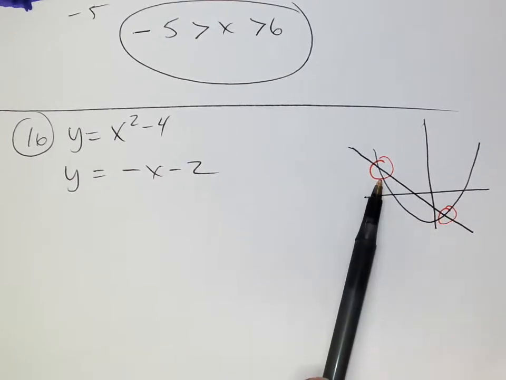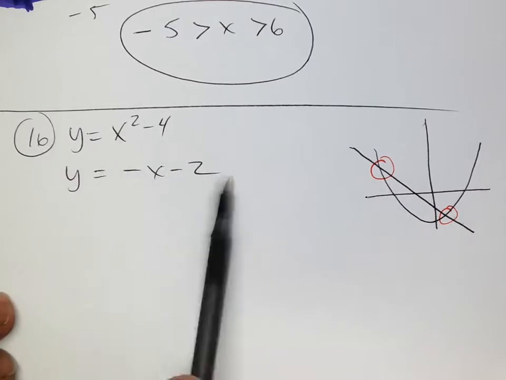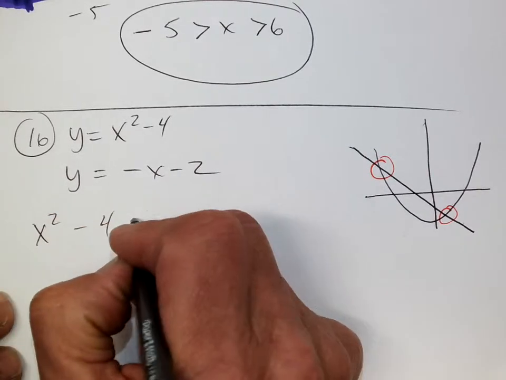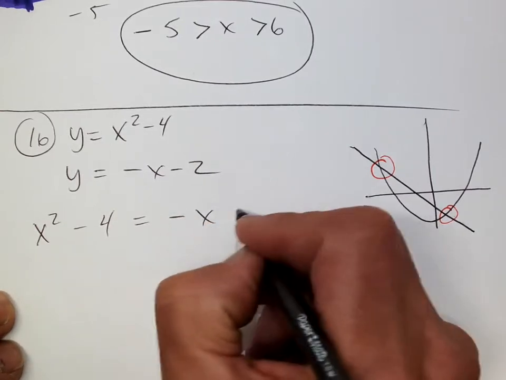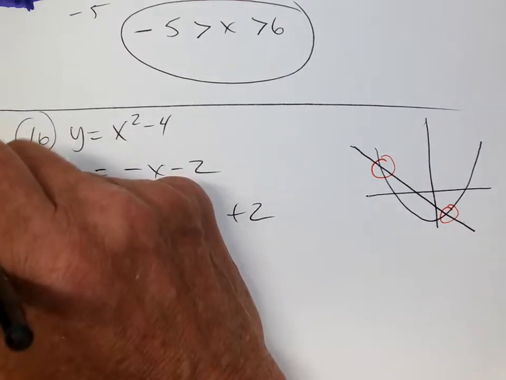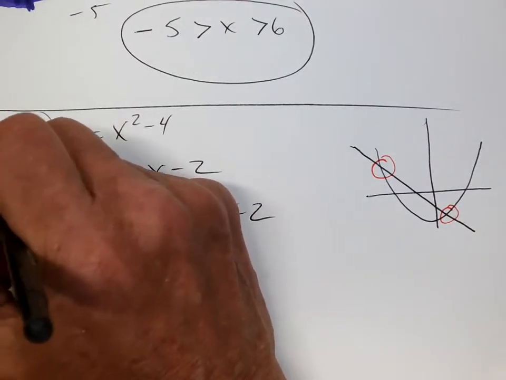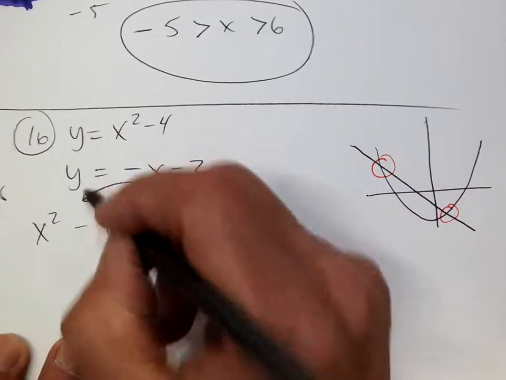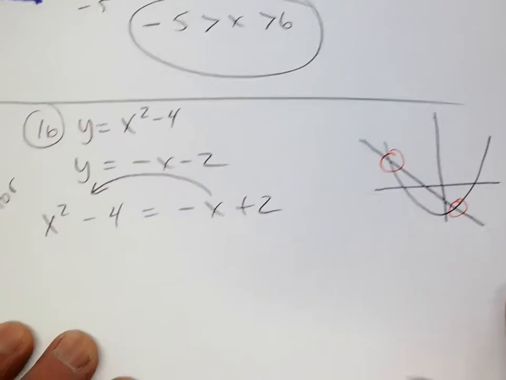That's where they equal each other, right? So let's take the two graphs and set them equal. Let's take our x squared minus 4 and set it equal to negative x minus 2. I'm still going to want to factor, but to factor, I want to make it equal to 0. So I'm going to bring over the negative x. Yes? It's negative x minus 2.